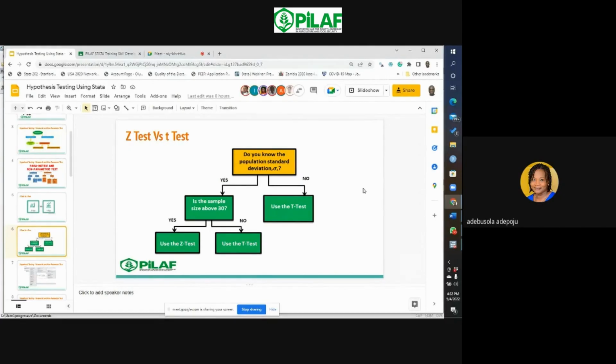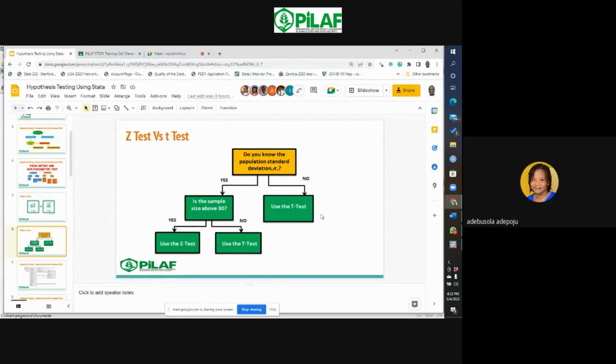Is the sample size above 30? So it's here. If the population standard deviation is not known, and the sample size is large, above 30, yes, you use the t-test.